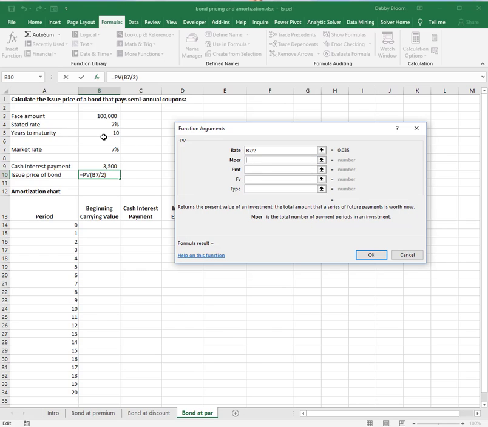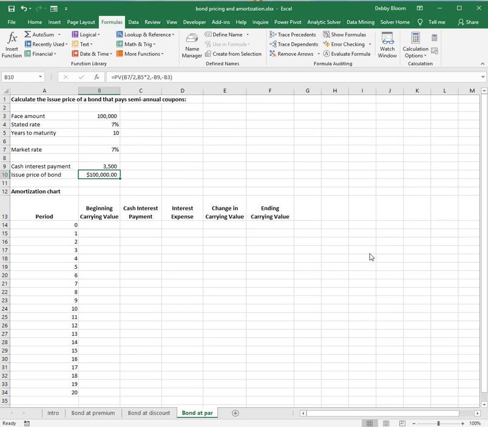Nper is going to be the number of years to maturity multiplied by 2, so we have 20 periods. In the PMT, we're going to type a negative sign because this is a payment the company is making, and then click on the $3,500 cash interest payment in cell B9. And then in our FV box, we're going to type a negative sign and then click on the $100,000 face amount. So we can see here that the issue price of the bond is exactly $100,000.